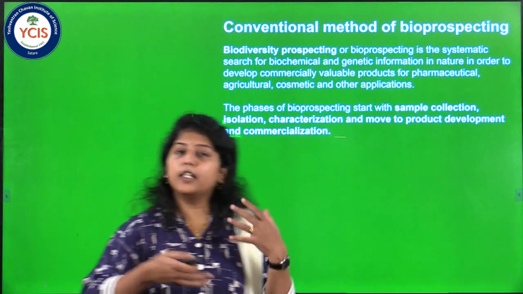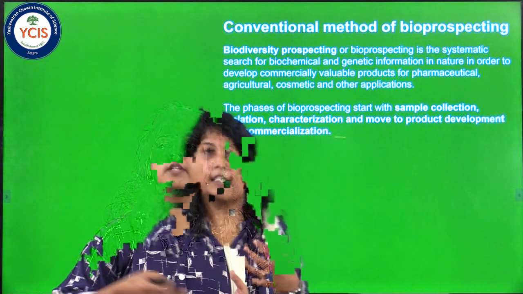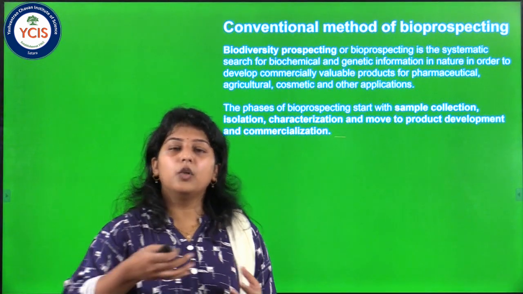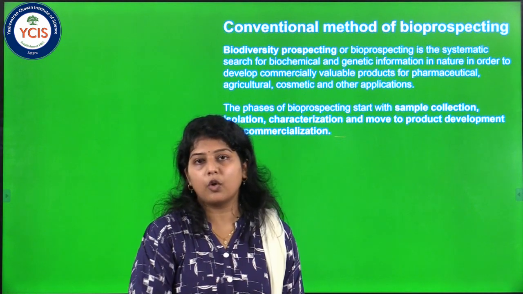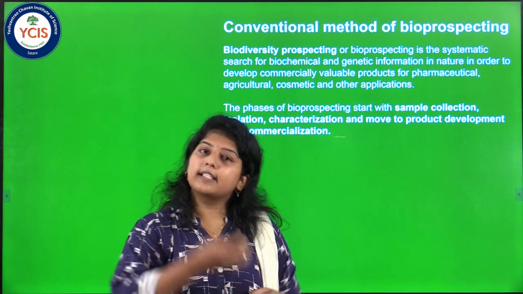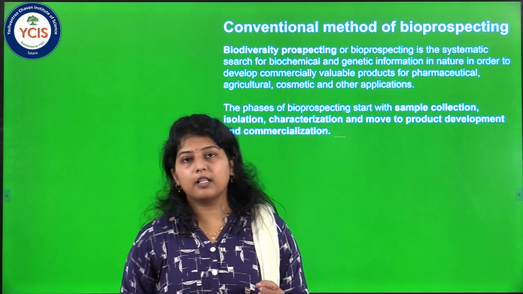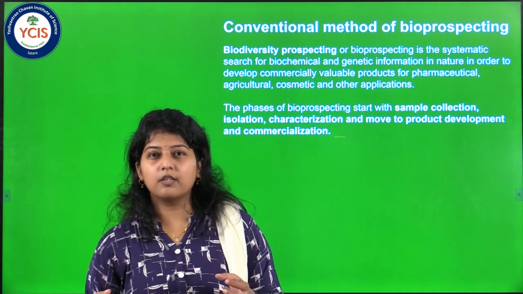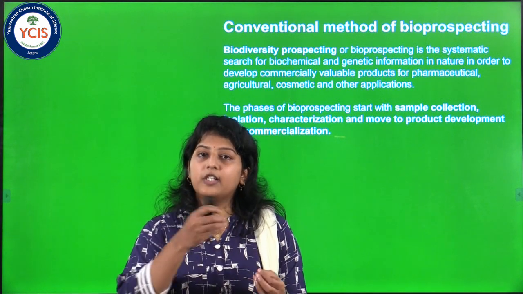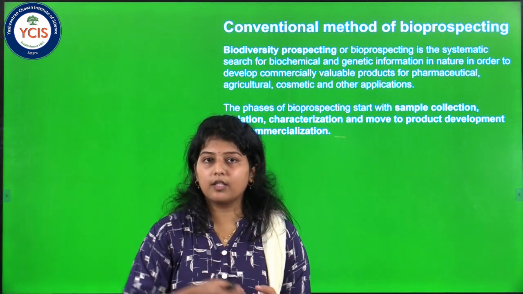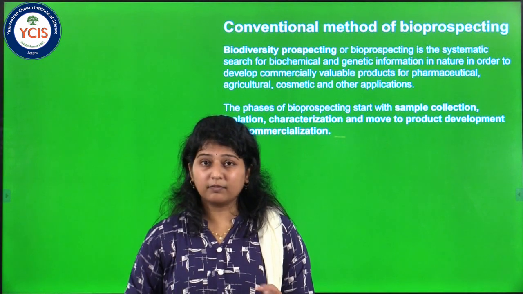We take those medicinal plants to our homes or to our laboratories. We extract the important medicinal compounds from them using various extraction techniques, and we check those extracted products on various ailments. So that is the conventional method of bioprospecting, where we go into nature and look for the medicines.